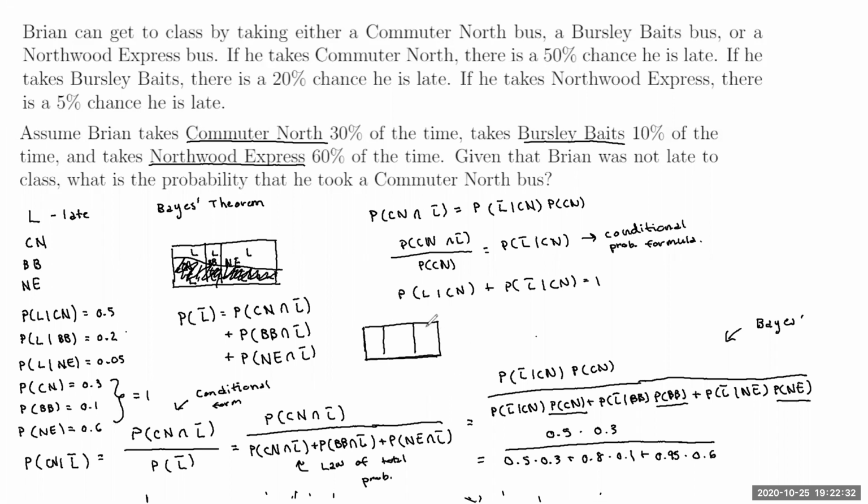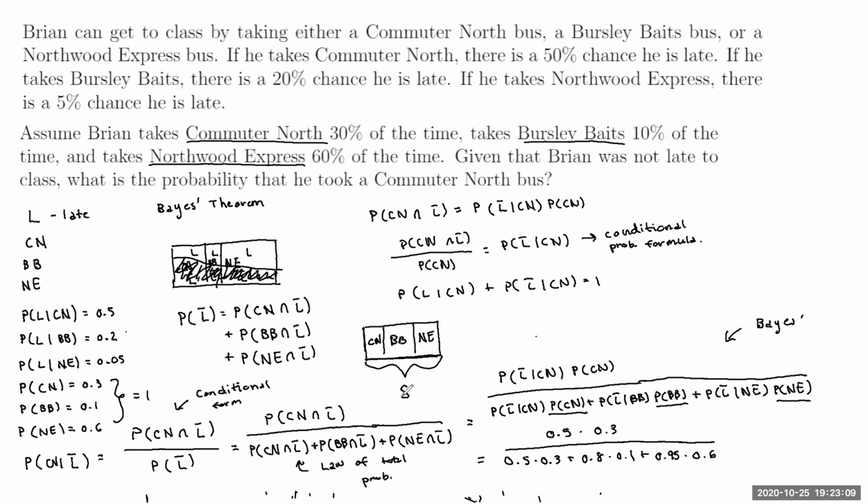The probability of the entire sample space is equal to 1. So when you add up these pieces, you will get 1. Cn, BB, and NE, when you put them together, are equal to your sample space.